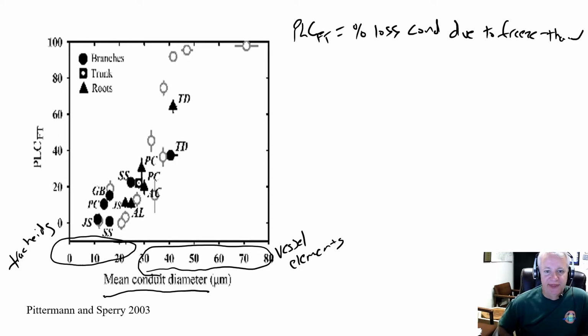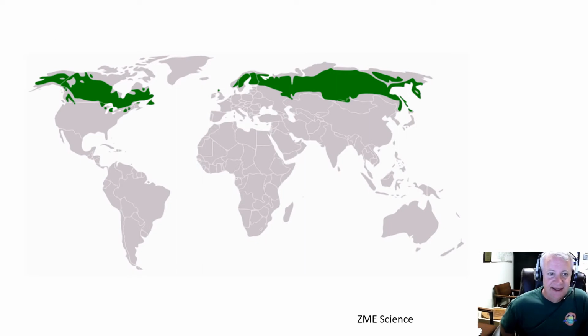So this tells us a couple things. One, larger conduits are more vulnerable to freeze-thaw cavitation, which tells us that tracheids in general are more resistant to freeze-thaw cavitation. And there's actually some folks who interpret this relative to species distributions. So if we think of, for instance, the distribution of conifers versus angiosperms, we tend to see that conifers tend to be distributed in more northern latitudes.